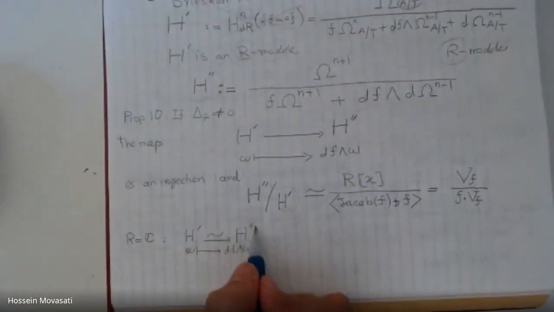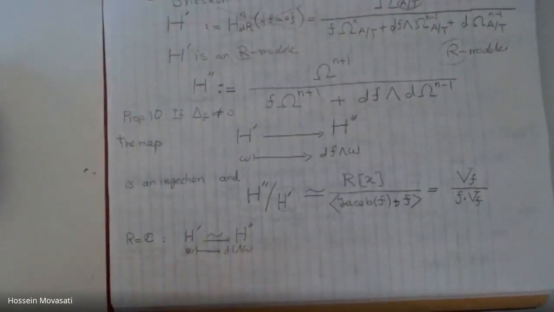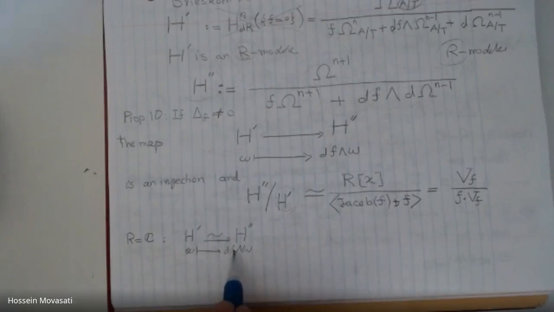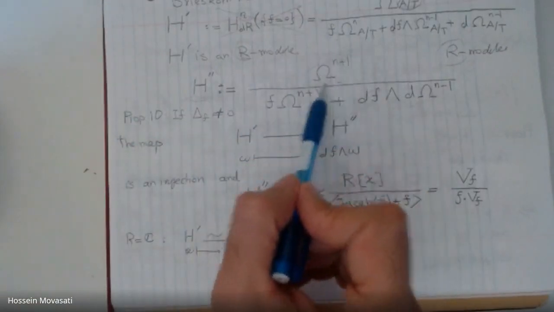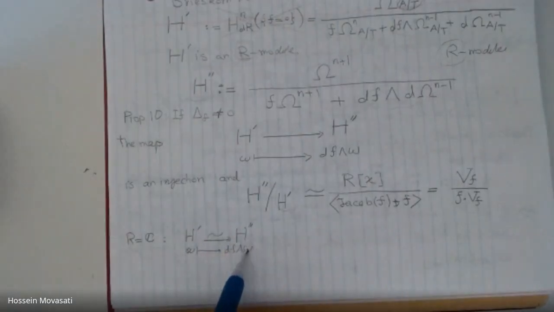So at the end, H prime is the same as omega by this, and it is not really hard to see. But anyway, the moral of the story is that this is also de Rham cohomology. What we have to do in order to get a differential n-form is each time divide our n+1 form by df.